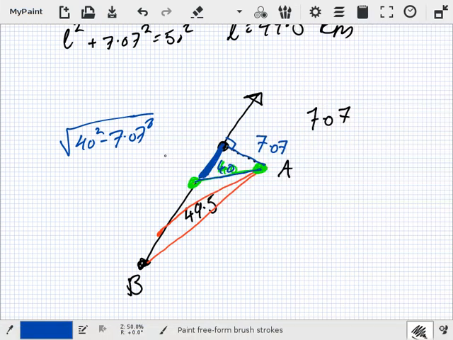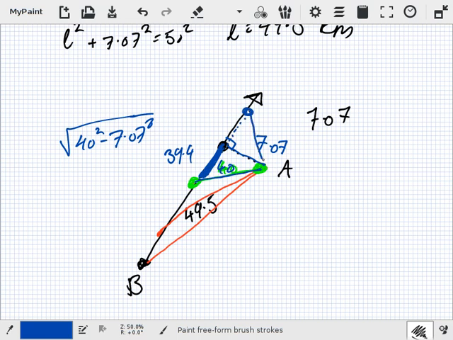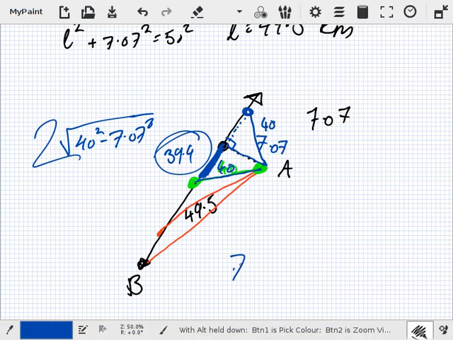But that's not quite the answer, because remember, the ship continues. It's still 40 all the way until here, when it leaves the range of 40. So your answer is actually 2 of these. So 78.74 is the answer for this distance.